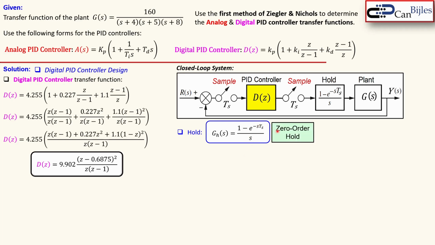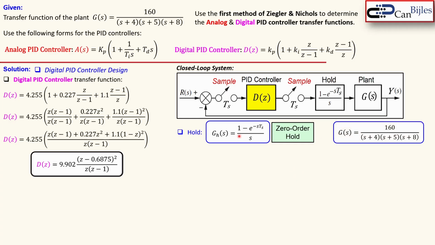And this is, by the way, called the zero order hold. Why is it called the zero order hold? Because if you have a sample, it holds that and it makes a horizontal line, which is a zero order, where there's no slope in it. You have also the first order hold and other hold operations, which are more complex. This is most often used, so that's also what we have here. And this is the transfer function for our plant.